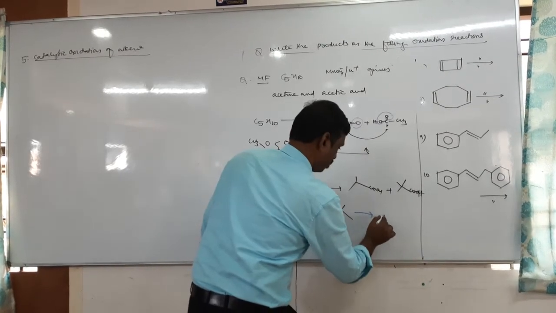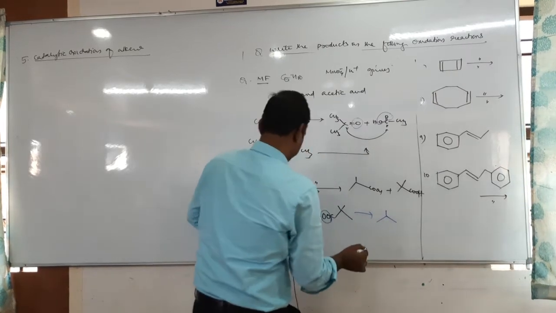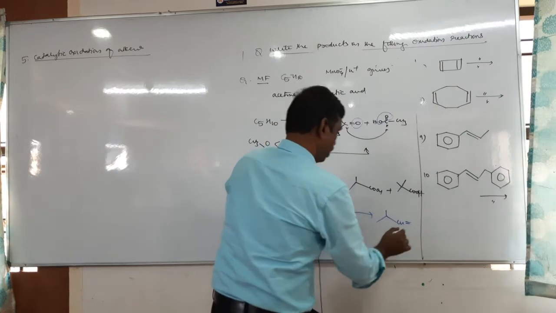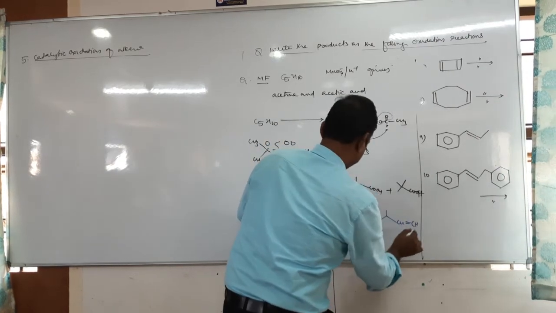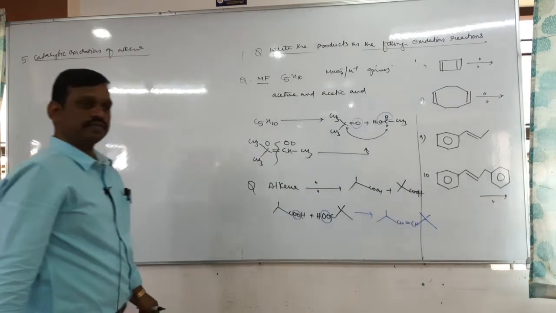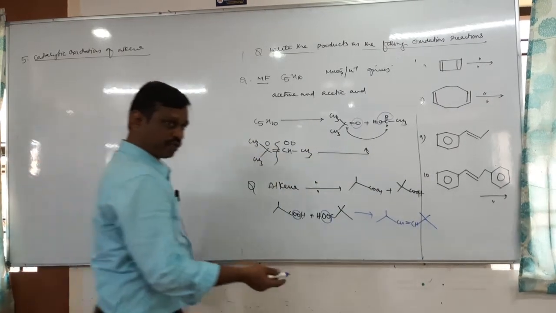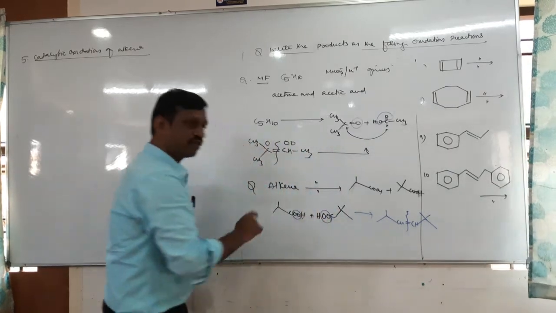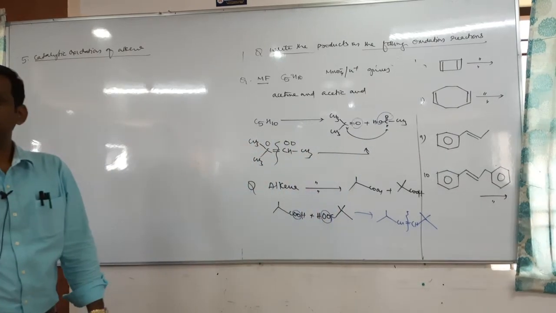So therefore it will be like this. It is a CH double bond CH. That's it. You can cross check on oxidation of carbon-carbon double bond. Will you get this or not? Yes.